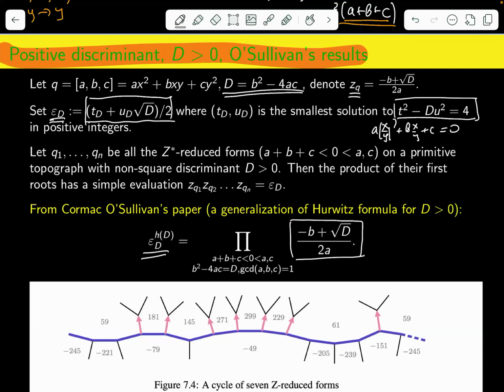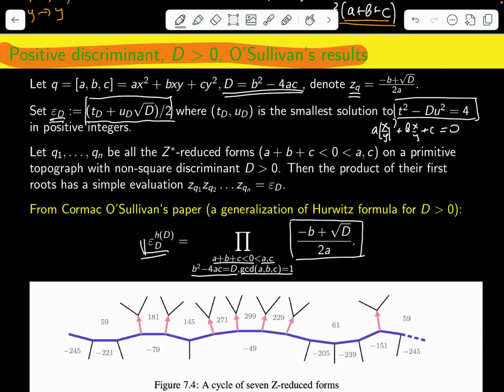For which forms? For the forms such that a plus b plus c is less than 0, a and c are positive, and b² minus 4ac is D. Actually, one can show that there is only a finite number of forms like that. So you consider all of them, take their roots, take their product, then take the logarithm with respect to epsilon_D, and that's your class number.